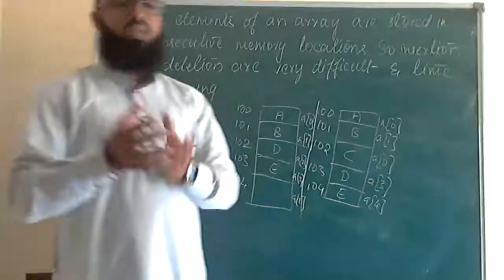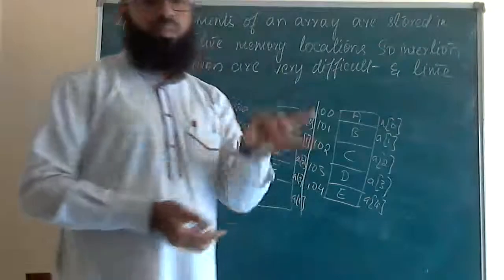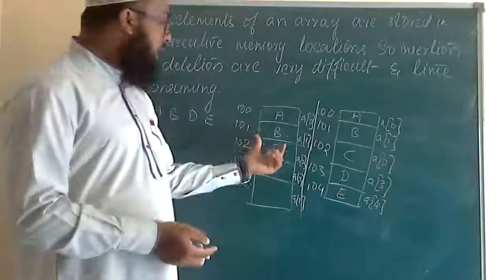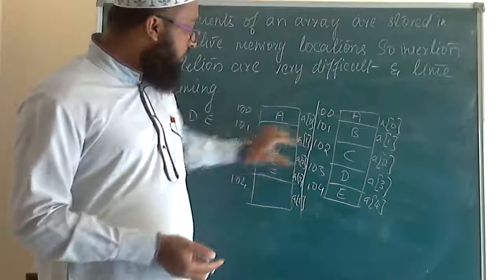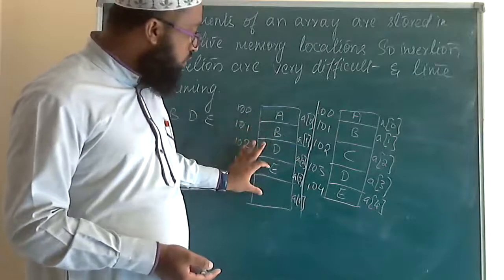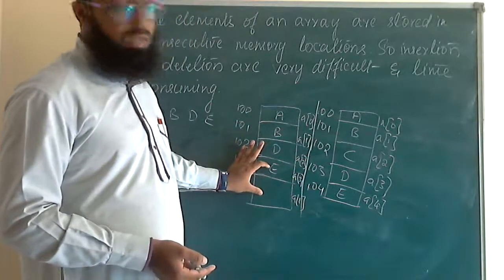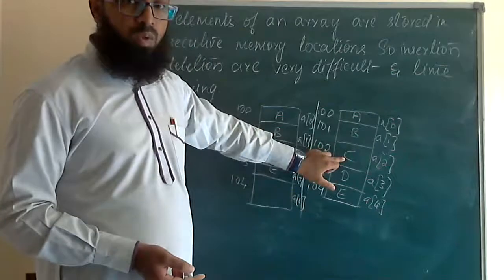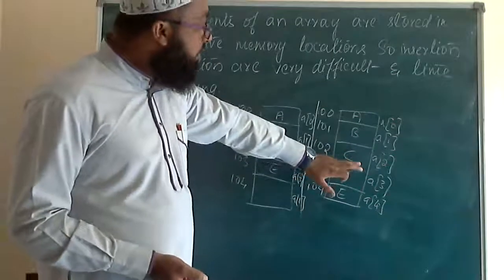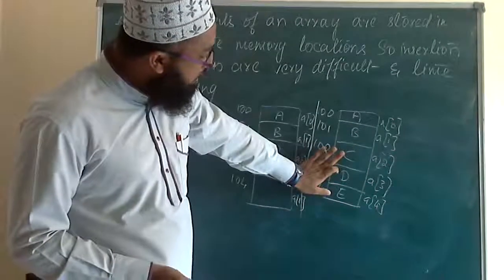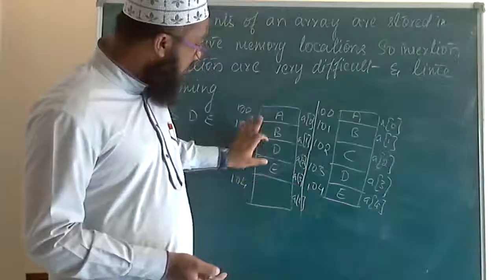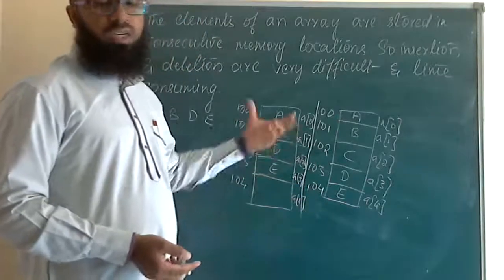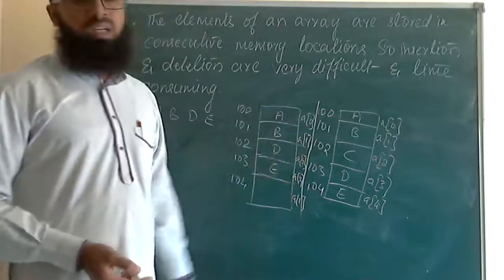A lot of time it will take for insertion and for deletion, because if you want to insert an item, then the below item has to go one step down, then the element is inserted. If you want to delete also, this element has to be deleted and the below elements have to come up again. So it will take a lot of time and it is very difficult.